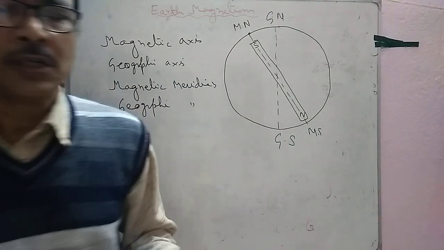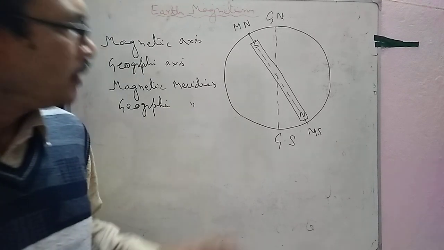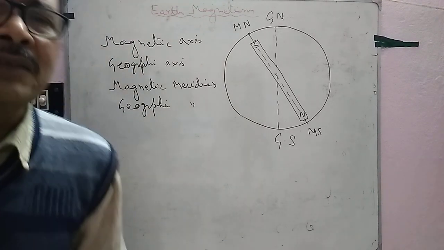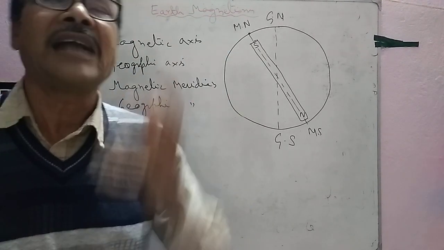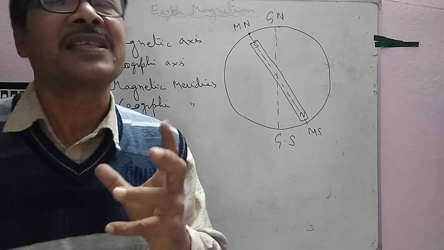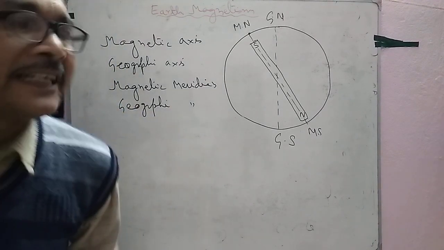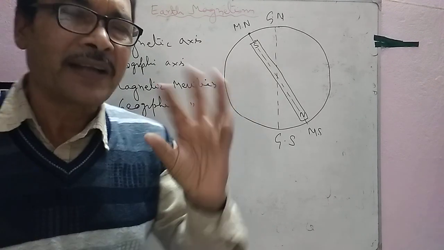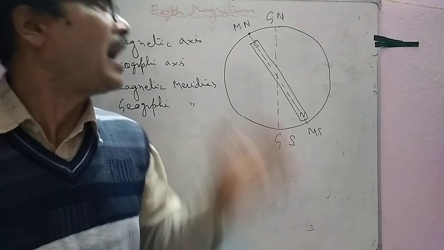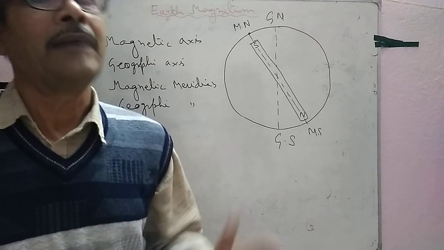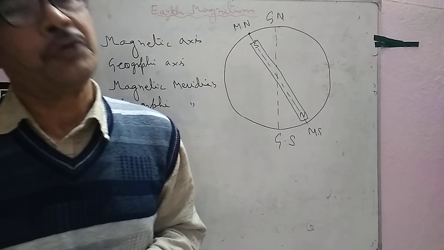In another opinion, the third opinion, inside the Earth core, the material is mostly iron and nickel. So at high temperature, when Earth rotates, acting as a dynamo, a magnetic field is produced.